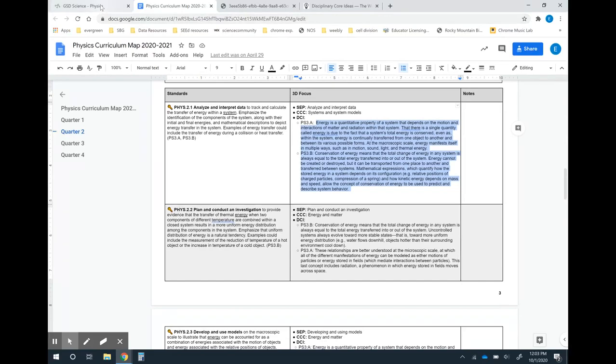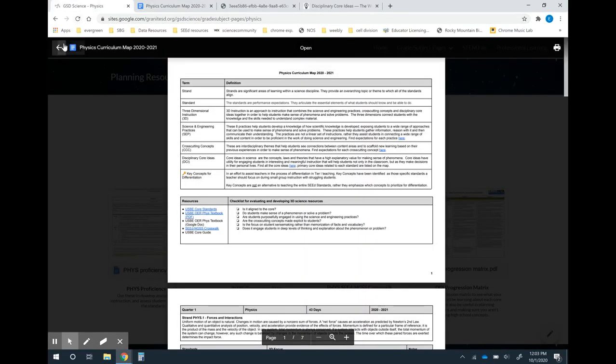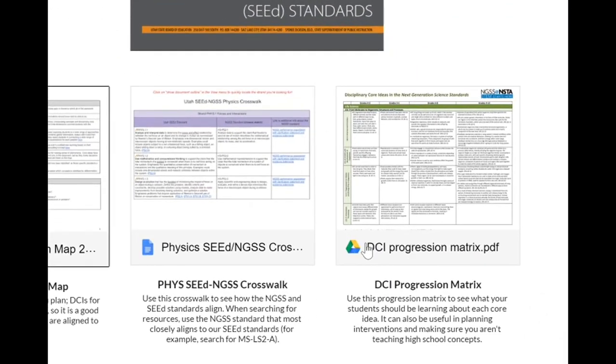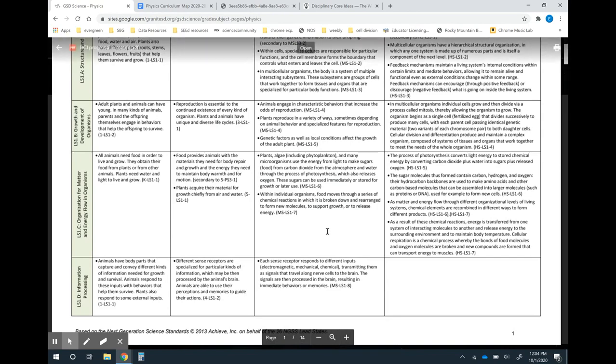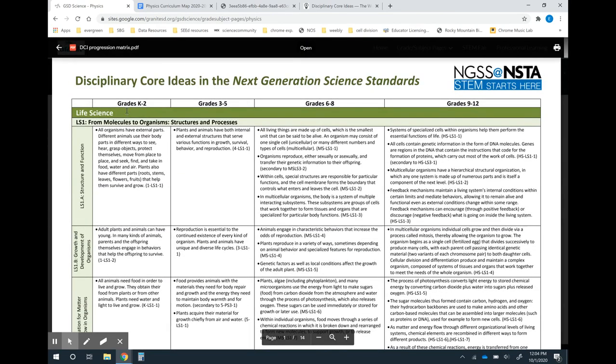The next resource that I would suggest looking at is this DCI progression matrix. This was put together by NSTA. It's based on NGSS. And one of the nice things about this is that it gives me the progression from kindergarten to 12th grade for each of the core ideas.